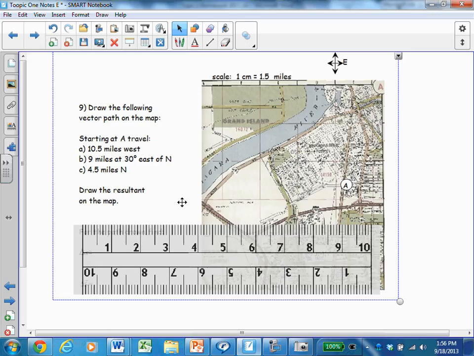Let's see. Let me find the. I should have many more protractors than that.